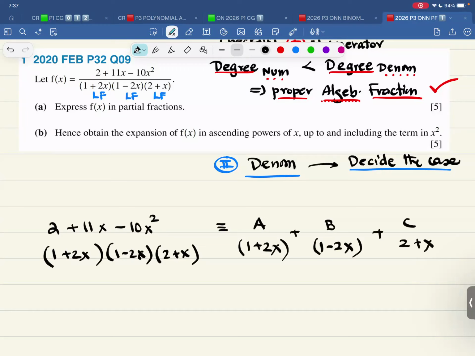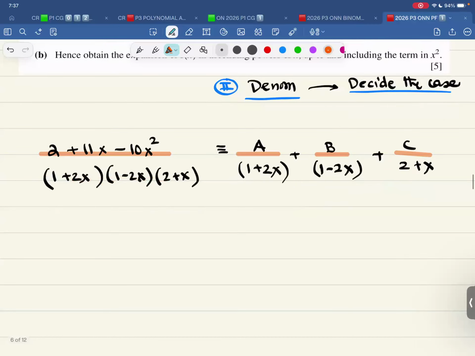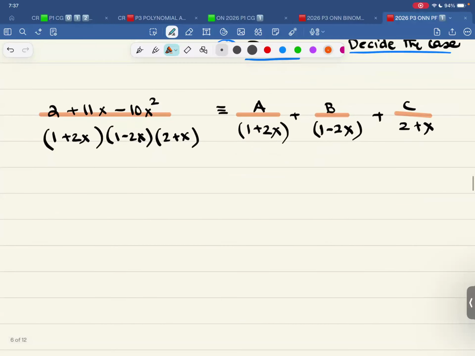Positive sign in the middle, positive sign in the middle, for the first, the second, the third fraction. This is still the first case, but there are 3 fractions. That's the only new thing.